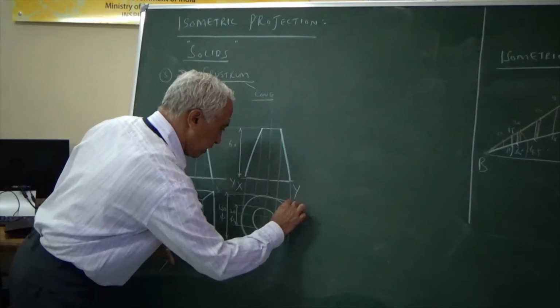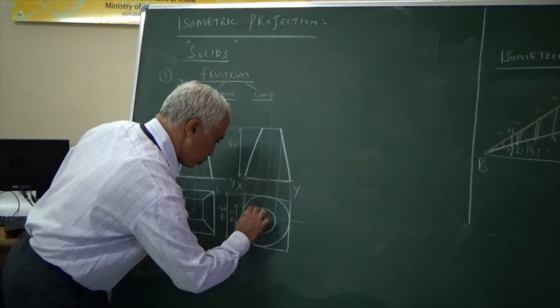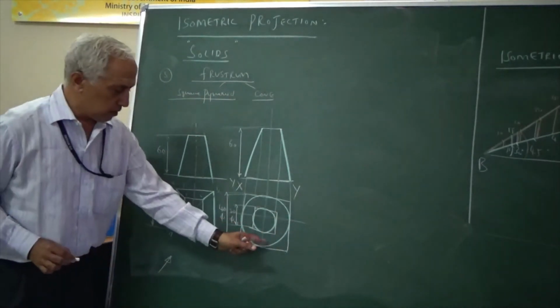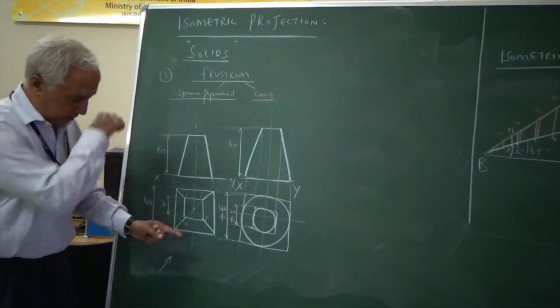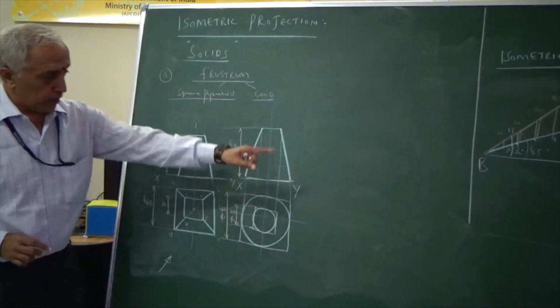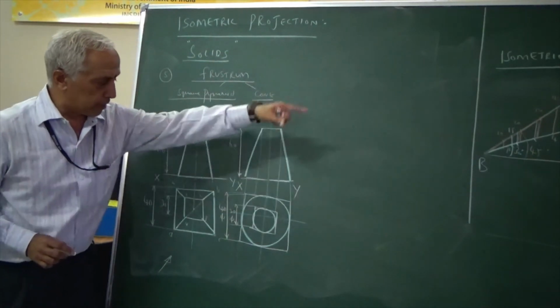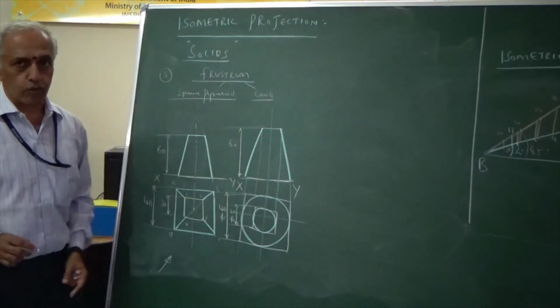So for the base circle, draw a square; for the top circle, draw a square. Similar to a frustum of a square pyramid, I draw the initial lines, then the extra work is to get the ellipse within the square.